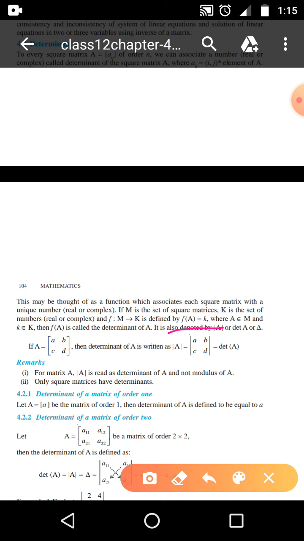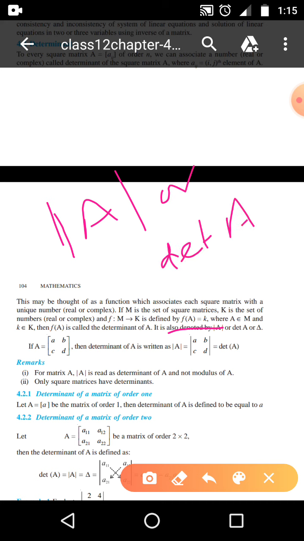It is called the determinant of A, and it is denoted by mod of A, that means det A. So this is the determinant.